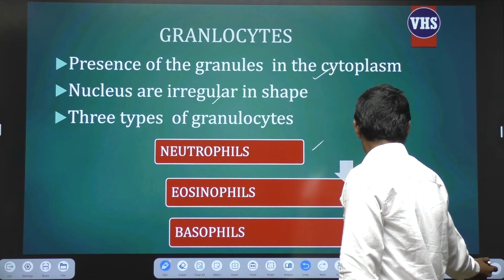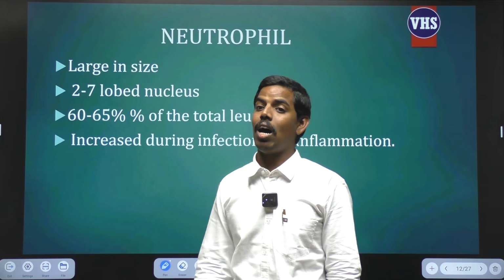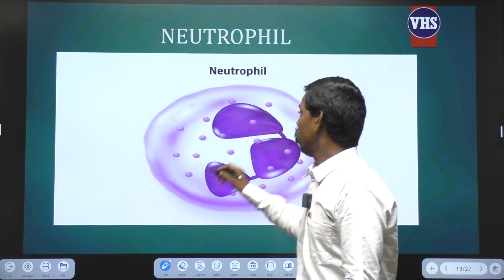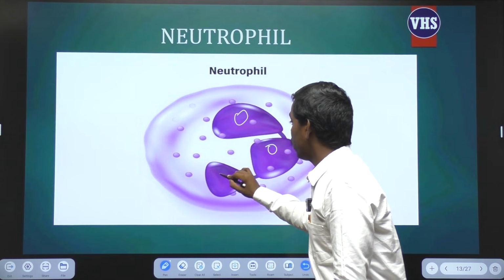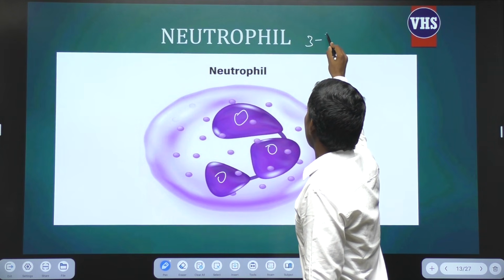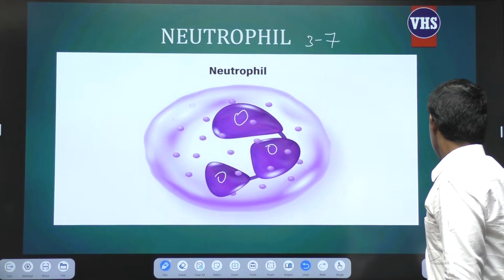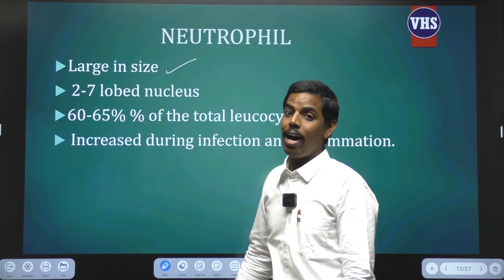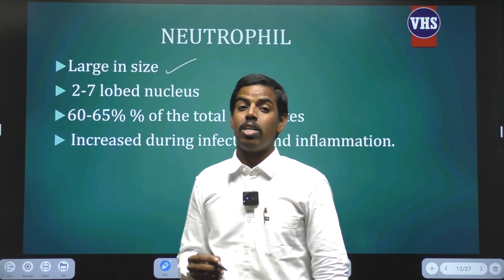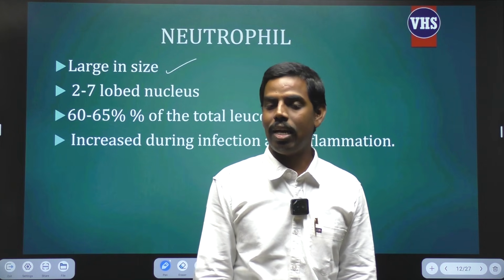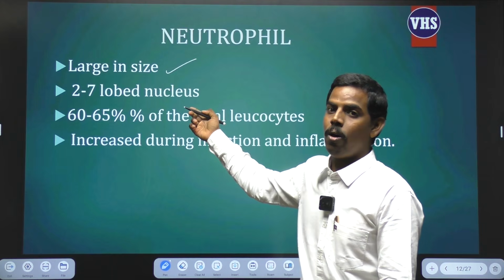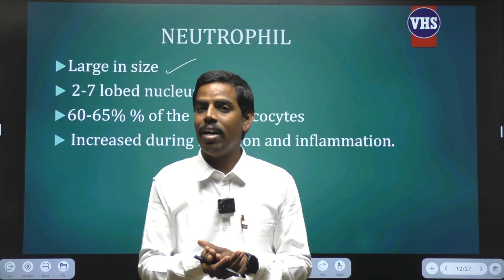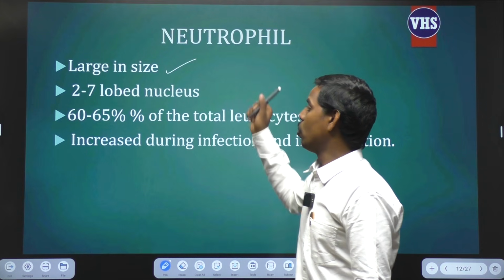Coming to the neutrophil, it has 3 to 7 nuclear lobes. Presence of 1, 2, 3. 3 to 7 lobes are present in the neutrophil, a large cell in the leukocytes. Next, 60 to 65% of the cells in WBC are neutrophils.